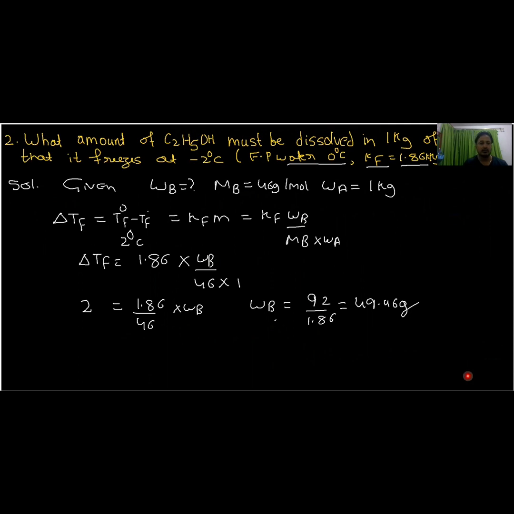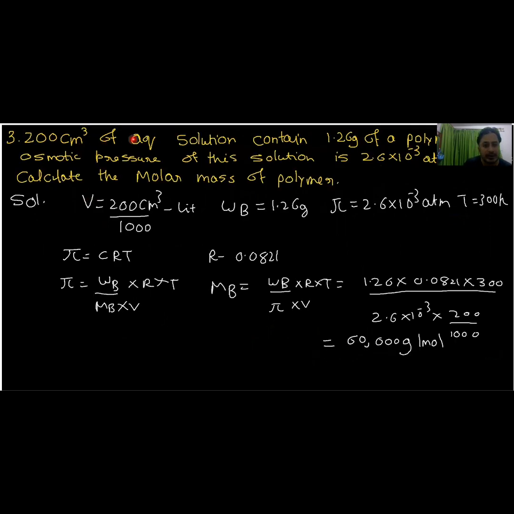Then the third question was 200 centimeter cube of aqueous solution containing 1.26 gram of polymer, and osmotic pressure is given at 300 Kelvin. You have to calculate the molar mass using the formula pi equal to CRT. Everything is given to you. Using R value 0.0821, you can calculate it, and the final answer is 60,000 gram per mole, because a polymer usually has a higher mass.